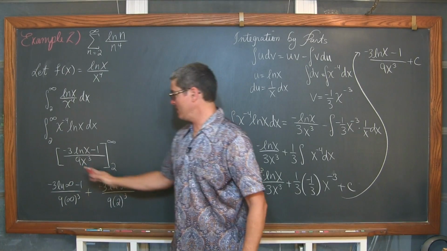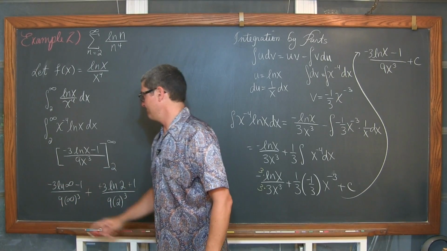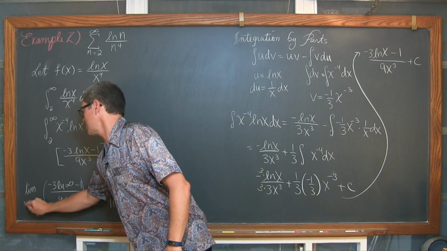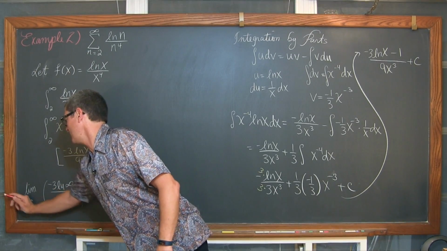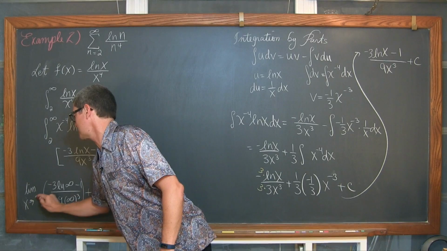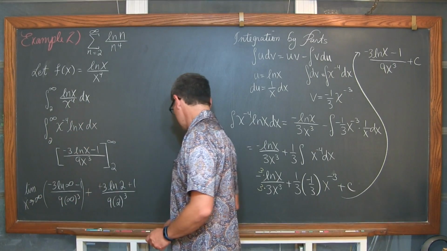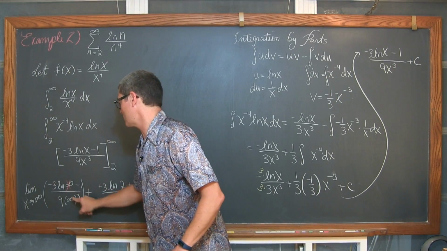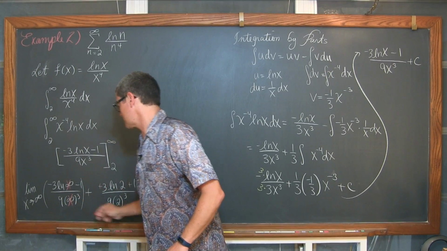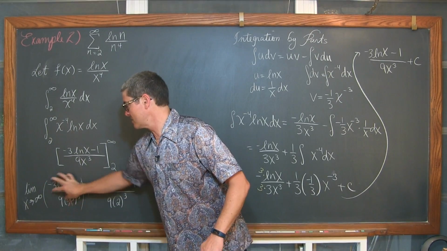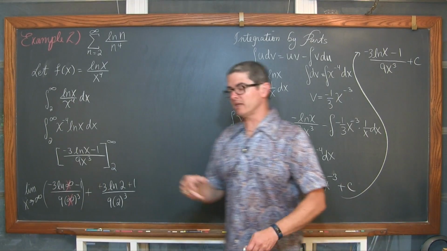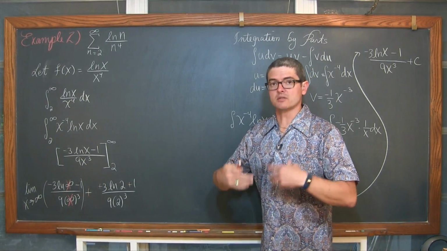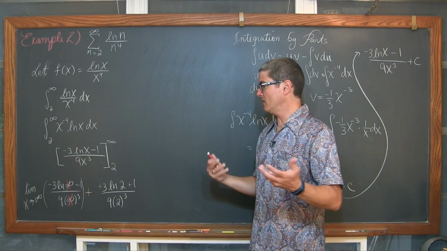Basically what we're doing is the limit as x approaches infinity of negative 3 times the natural log of x minus 1 over 9 x to the third. And we need to look at this term separately and see if it approaches infinity or some kind of constant or 0.